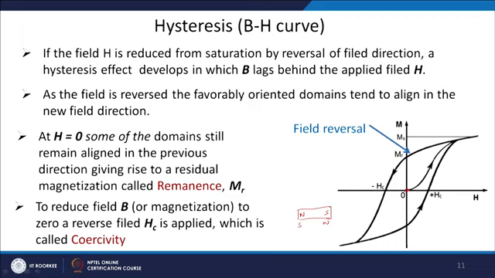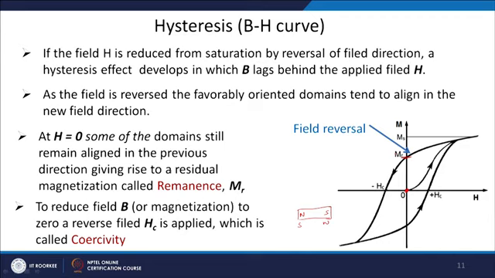You can see that we started from 0 external field when the flux density was 0. But while reversing, we see that when my external field is 0, still there is some magnetization left in the material. That means all the domains could not get aligned in the opposite direction.